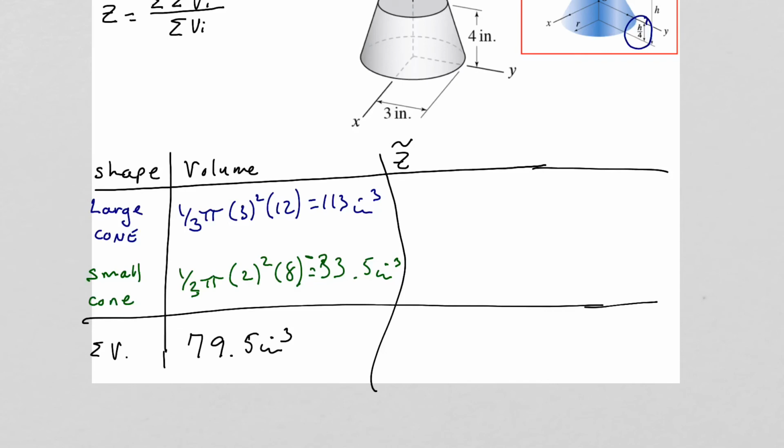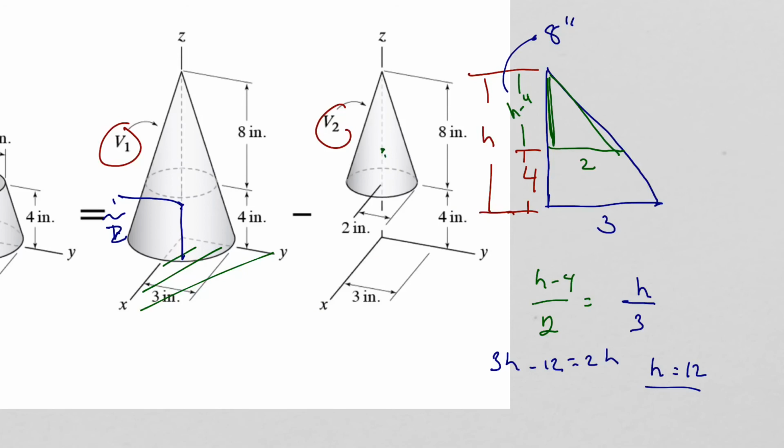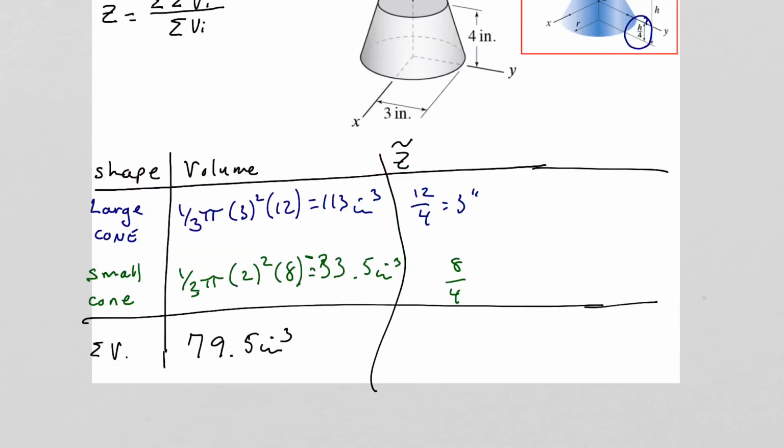H in our case here for the large one was 12 divided by 4, or 3 inches. And for the smaller cone, we had 8 over 4. This is our h. If we go back, that is here. This distance is 8 over 4 plus this distance here of 4 inches, because we have to get back to this xy plane. So this is equal to 2, and 2 plus 4 is 6.